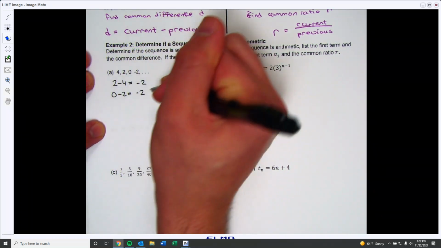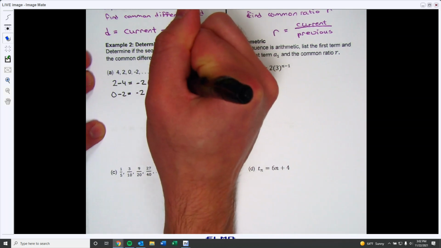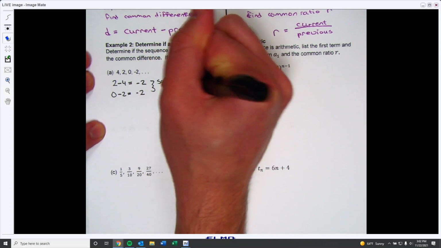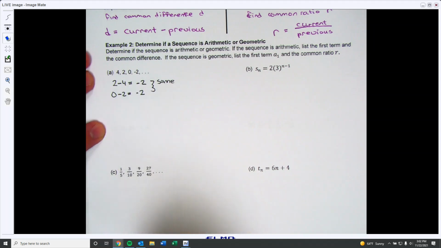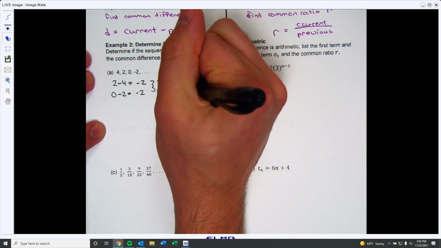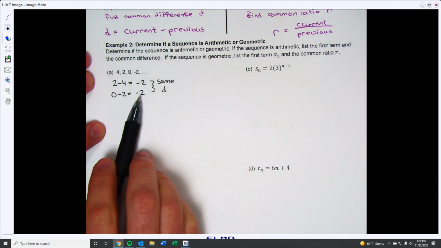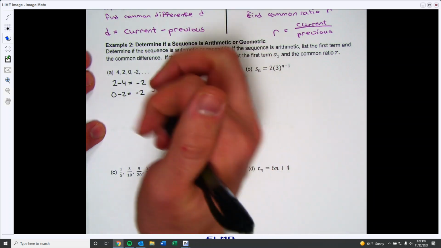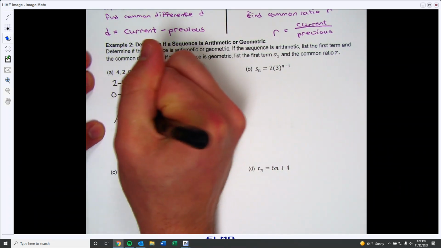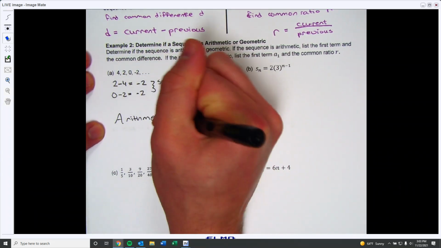That gives me negative 2. Those two are the same. So whenever I do a check for a common difference, if it comes out the same, that's how much I'm changing by. And not only that, the number that I got out, that is my common difference, D. So this one is arithmetic.